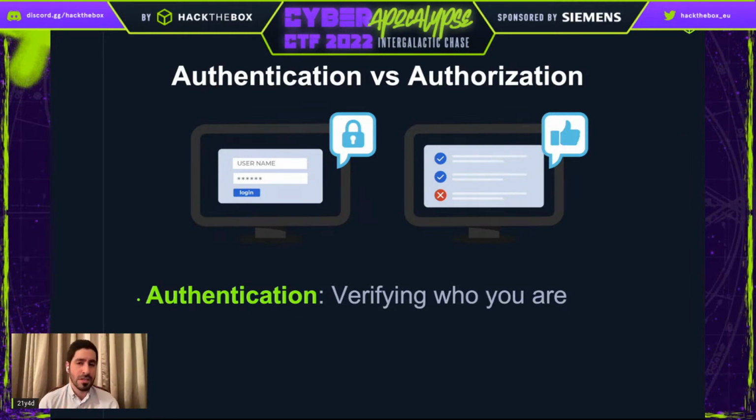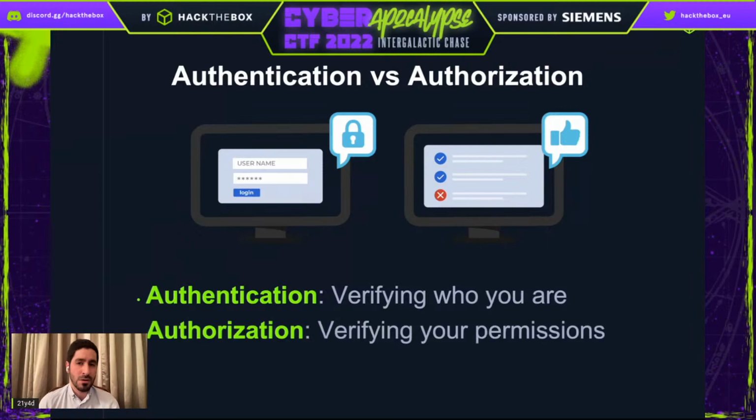But the area we want to focus on today is authorization. Authorization is verifying your permissions. So like I said, with any application that has user access control, the authorization part is verifying that you have permissions to do whatever action you want to do. Let's take Instagram once again. You want to preview a private profile, for example. The authorization part is checking, do you follow this account?